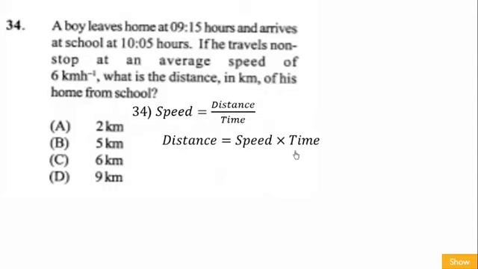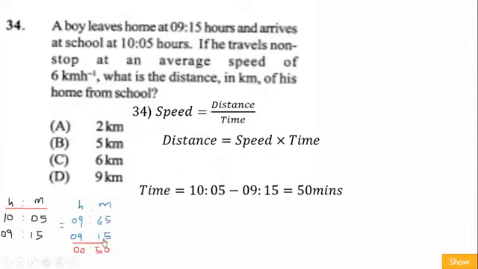Now to get the time, we need to subtract 9:15 hours from 10:05 hours. That will give us 50 minutes. How do we get that? We are doing a subtraction here, but we cannot subtract this over here.